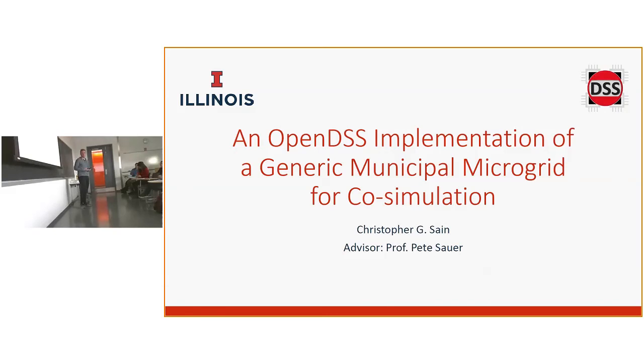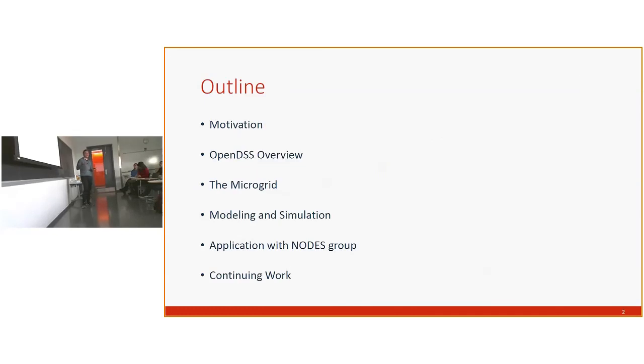My advisor is Professor Pete Sauer, and today I'll be presenting an OpenDSS implementation of a generic municipal microgrid for co-simulation. Just a brief outline of what I'll be talking about today. First, just a little bit of motivation. Secondly, I will go over what OpenDSS is, first of all, because I'm sure a lot of people here haven't even heard of it, and why it was chosen for this particular application.